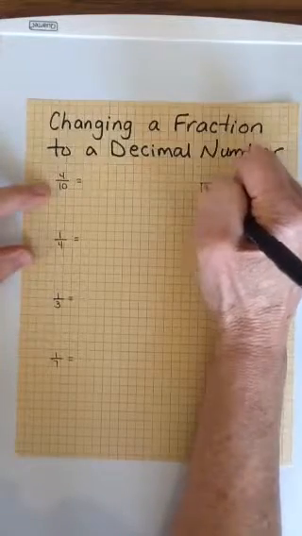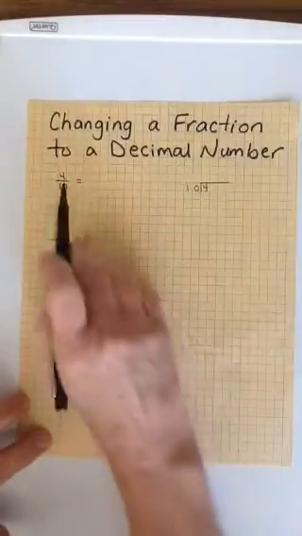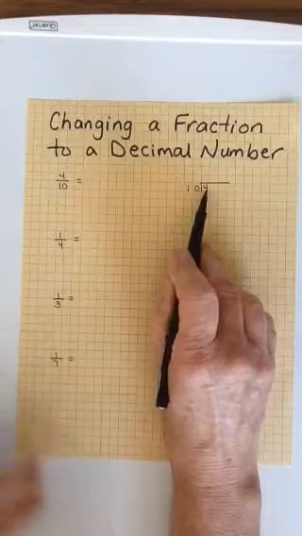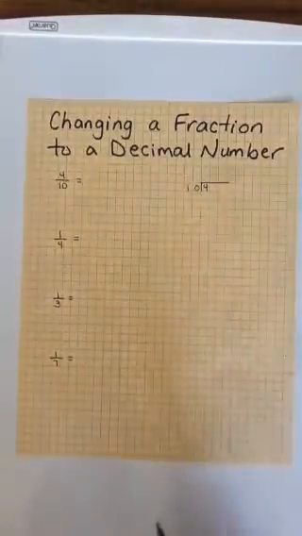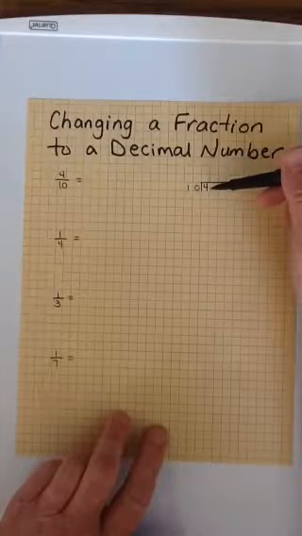4 divided by 10 would be written thus. The top number of the fraction always goes inside the box. When we set up our division problem, we see that the outside number is bigger than the inside number.